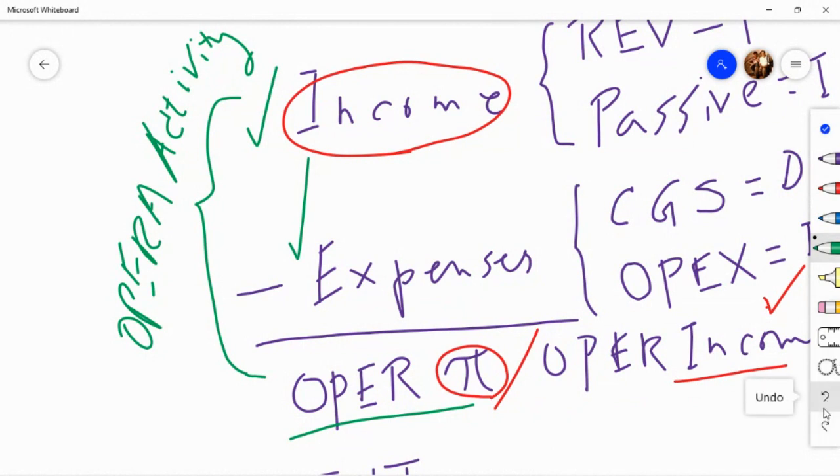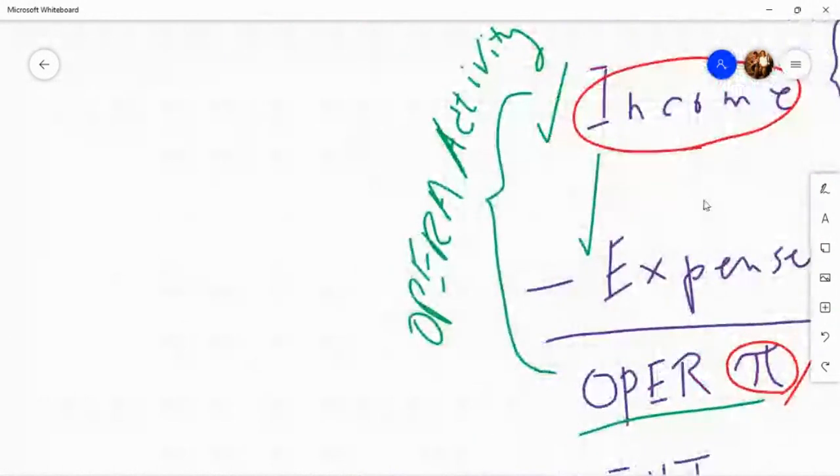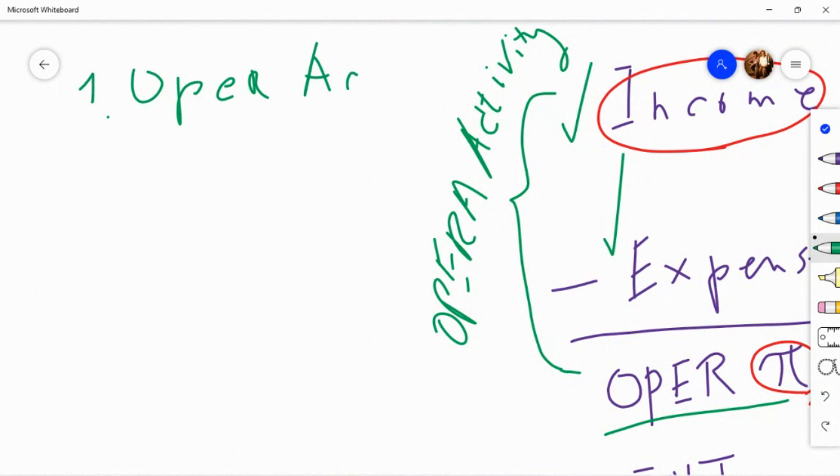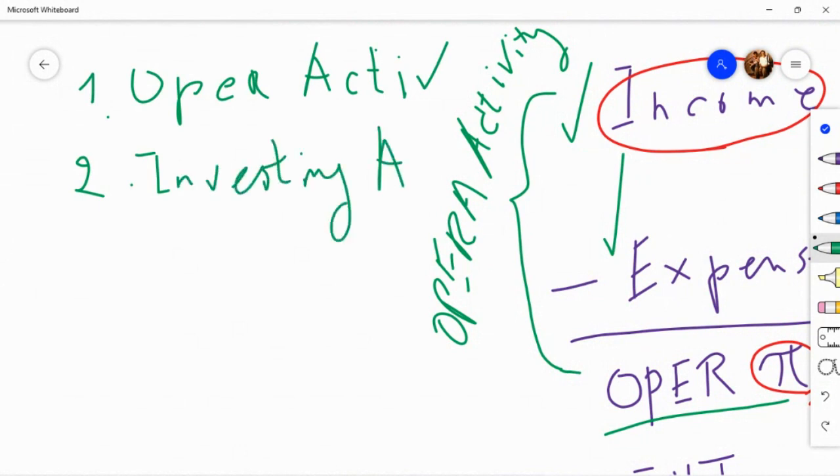Talking about operating activity, all businesses engage in three types of activities. What are those? One, operating activity. Two, investing activity. Three, financing activity.